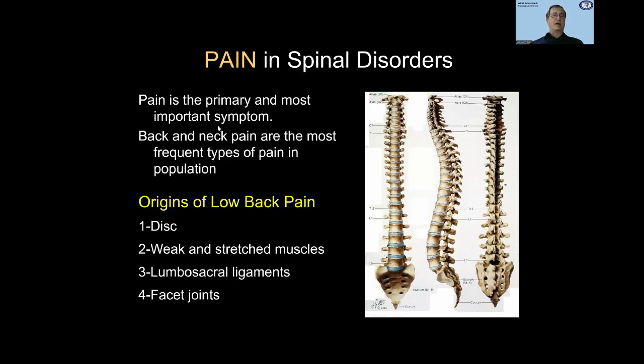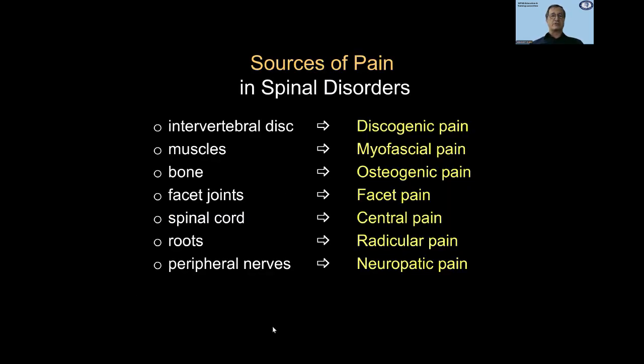And pain is the primary and most important symptom. It's a subjective symptom, and the origins of low back pain are various, not just one: disc, weak and stretched muscles, lumbosacral ligaments, facet joints. Because of that, we have a bizarre terminology like discogenic pain, myofascial pain, osteogenic pain, facet pain, central pain, radicular pain. These are the terms we use in our daily practice.